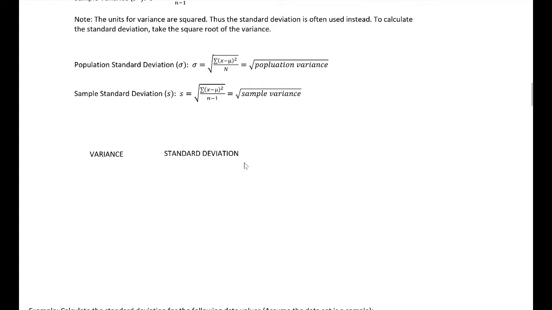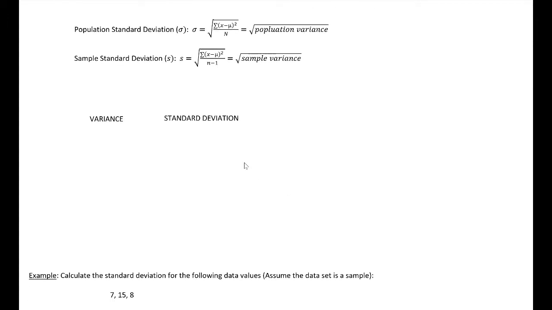All right, so here we go. I refer to this as the circle of life in stats. You need to be comfortable being able to maneuver between variance and standard deviation. Keep in mind, variance has the symbols either sigma squared or s squared, whereas standard deviation will be the same symbols, just take away the second power. So what is this diagram going to show you? I want this diagram to show you what happens if you have the variance and you want to calculate the standard deviation.